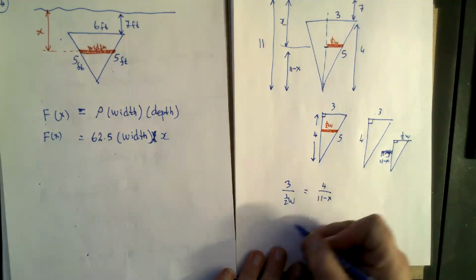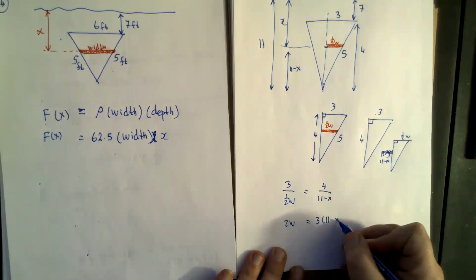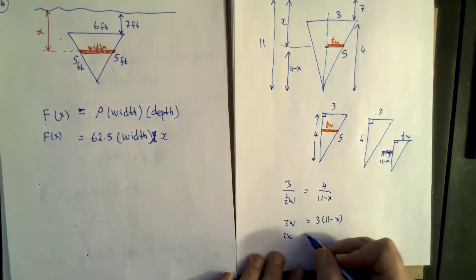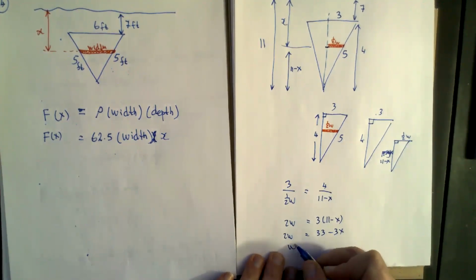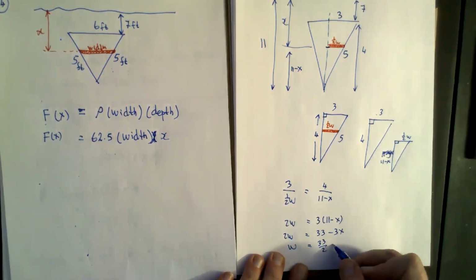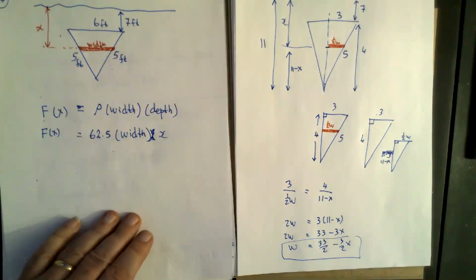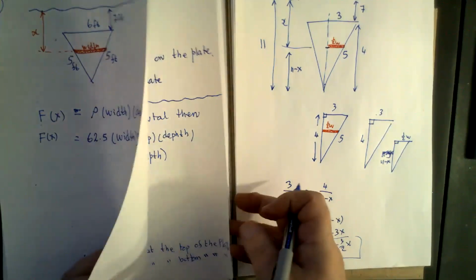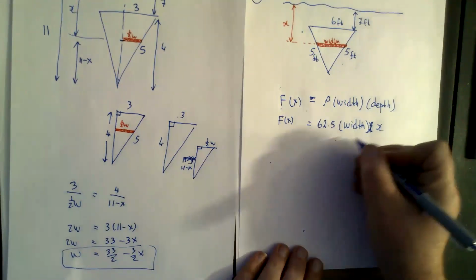If I cross multiply, 2W equals 3 lots of 11 take away X. 2W is 33 take away 3X. W then is 33 halves take away 3 halves X. We have our W. So I can now match this fella in here.